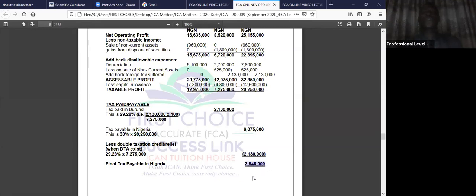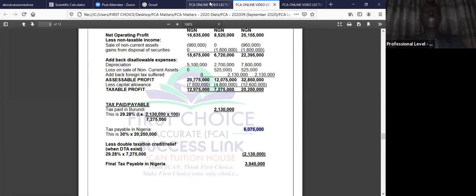If you want to confirm, you add this plus this, you are going to get this. So that is how we are going to do it when you have a Nigerian company earning foreign income, as in this case here, and there is a double taxation agreement. Okay.